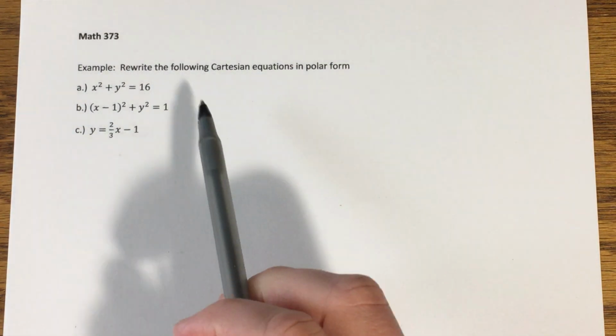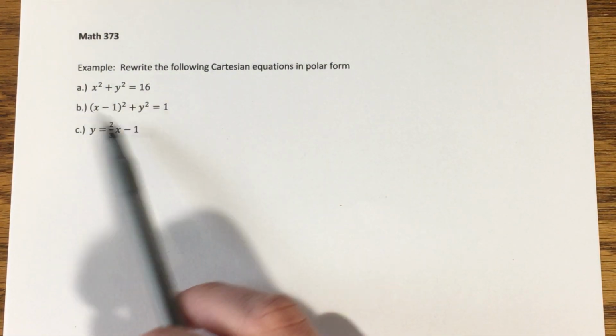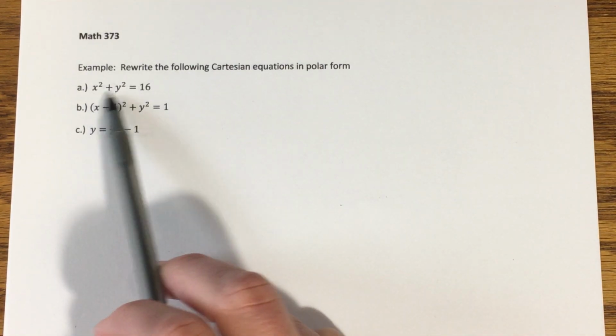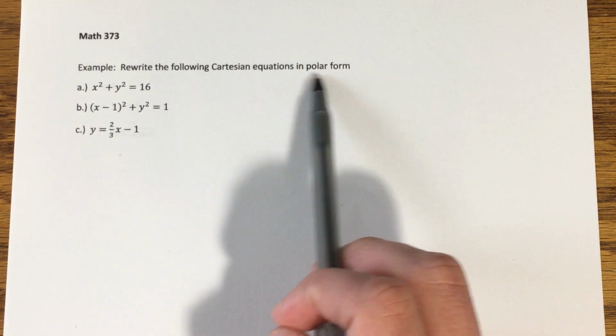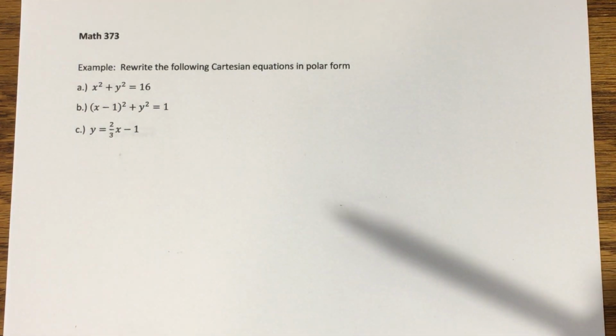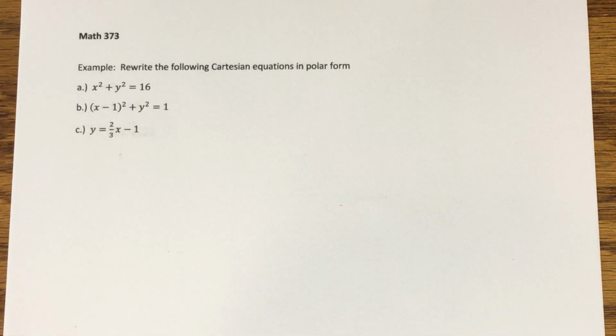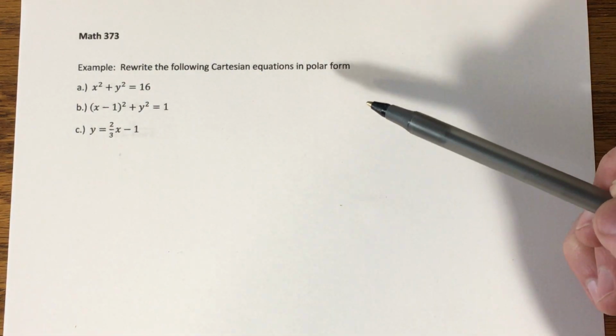And the idea with these first three cases here, these I'm going to call Cartesian equations because the variables are x and y. It'll be in polar form if I can change all of the variables to some combination of r's and thetas. Now, oftentimes, we usually want to think of r as a function of theta.